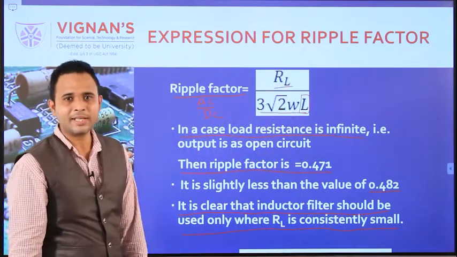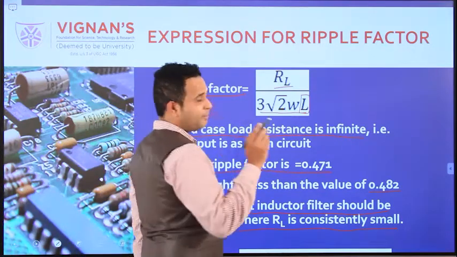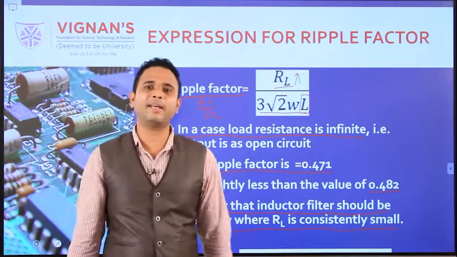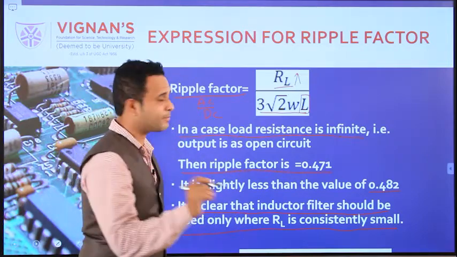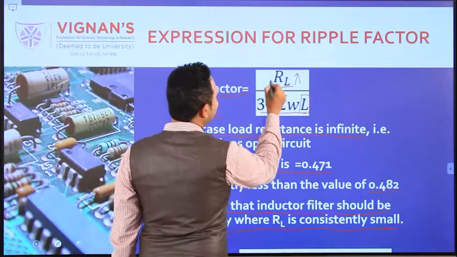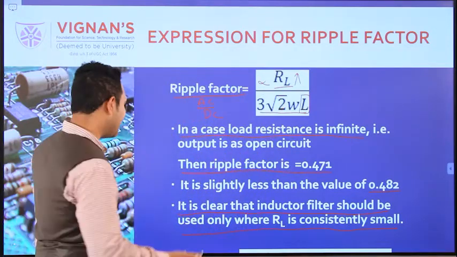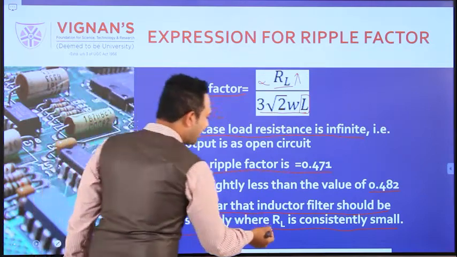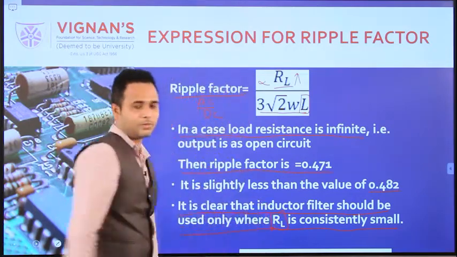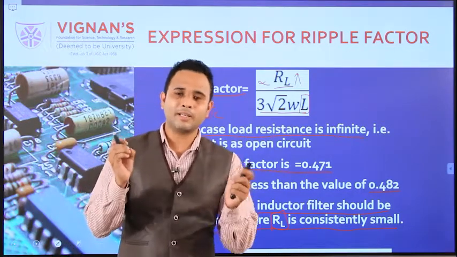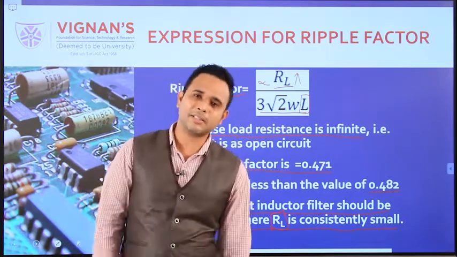Why? Because when I increase RL, the ripple factor increases again, since the ripple factor is directly proportional to RL. So RL must be small only. Here we have to use only a small value of load resistance.